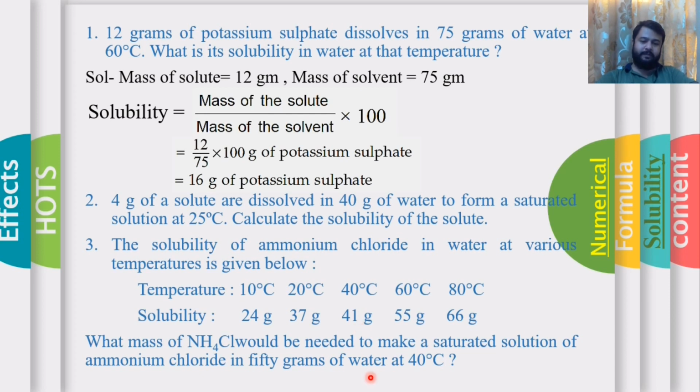So 20.5 gram of ammonium chloride is needed to make a saturated solution in 50 gram of water at 40 degrees Celsius. There is only one formula: solubility is equal to mass of solute upon mass of solvent into 100.